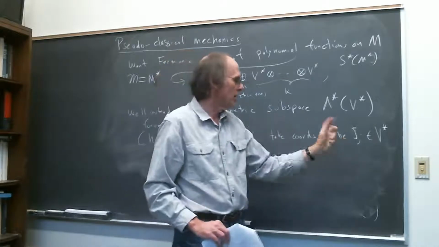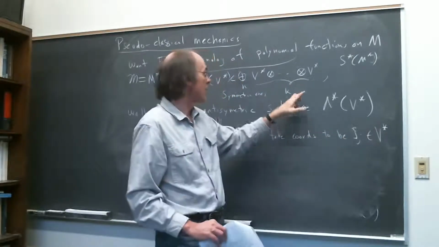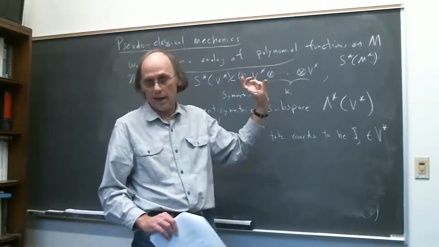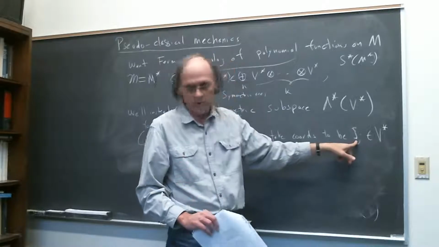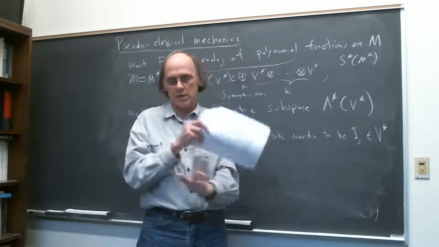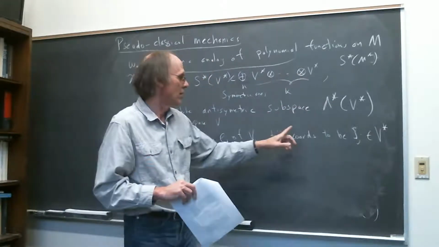To get the anti-symmetry, we have to take care of the ordering when we multiply a bunch of these together, and that's going to be important.